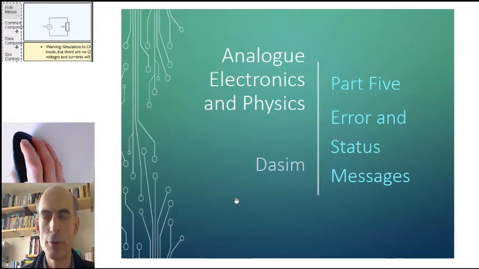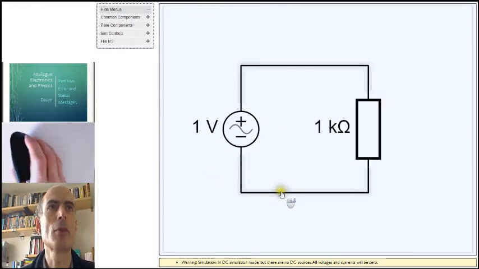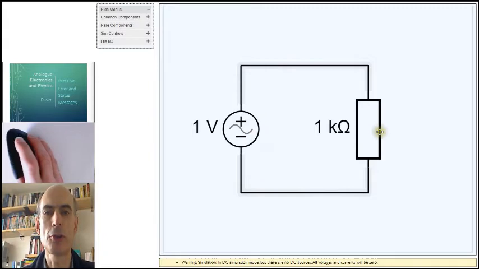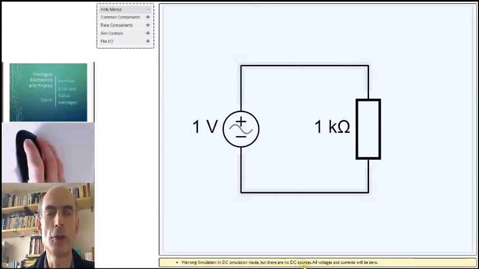Back to the simulator. We've already seen one of these messages, the one that appeared when we built this circuit in DC simulation mode. A little warning came up: we're in DC simulation mode, but there are no DC sources.